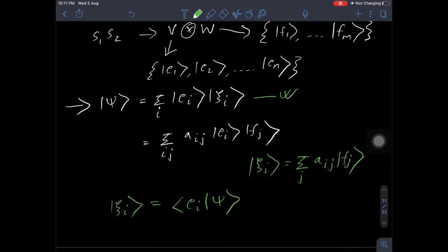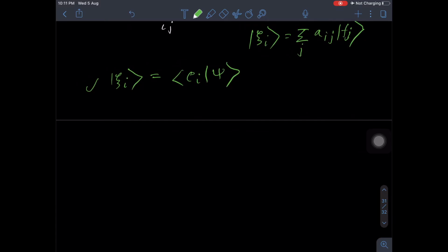Because EI was an orthonormal basis, so if you take an inner product on this side, only one term out of this sum will survive, and that will be this one. All right, so this is how we can see this equation. So now what is the Born rule? Now let's try to understand what it says.